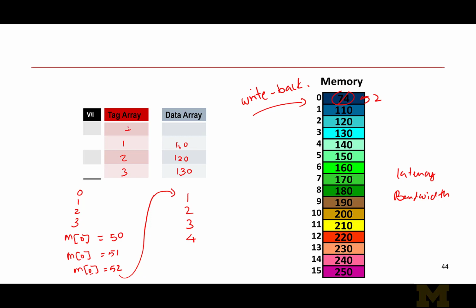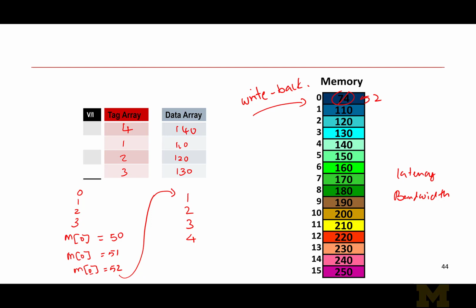And so now this line would be allocated to 4, and 4's value is 140. Okay, so the principle of write back cache is that I'm going to allow stores to modify only the data in the cache, and only when that data is evicted later on it would be written back to the memory.